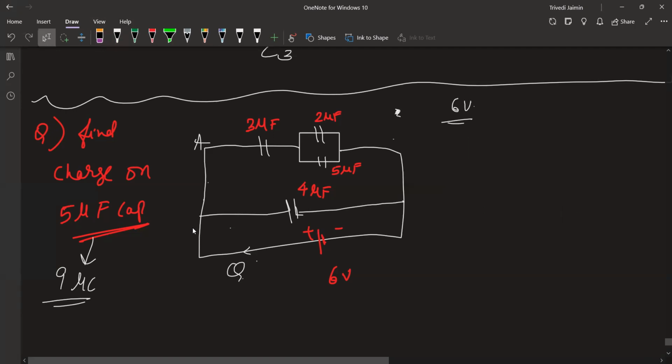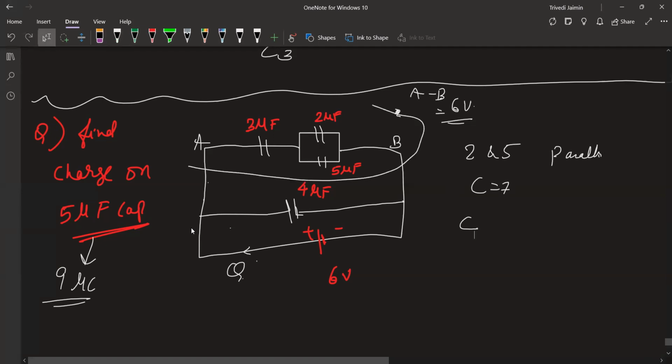This is A and B. If I take across AB, 6 voltage, and 2 and 5 are parallel. So C will be 7. And C equivalent for A and B across this part. Okay, I'm talking about this one only.